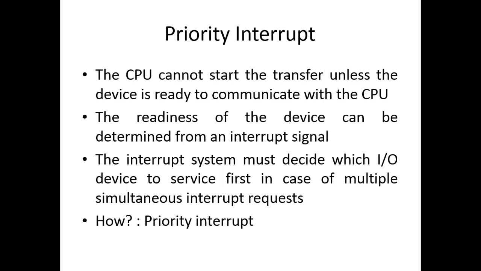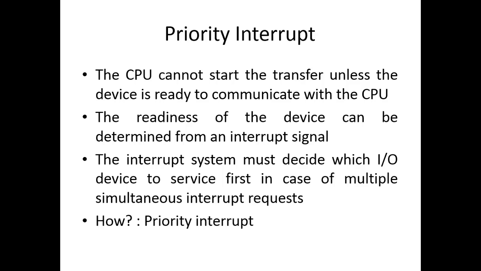So the question is how the CPU determines which of the interrupt signals should be served. For that, the computer assigns priority values to peripheral devices. So whenever a peripheral device generates an interrupt, it also provides the priority value associated with it.